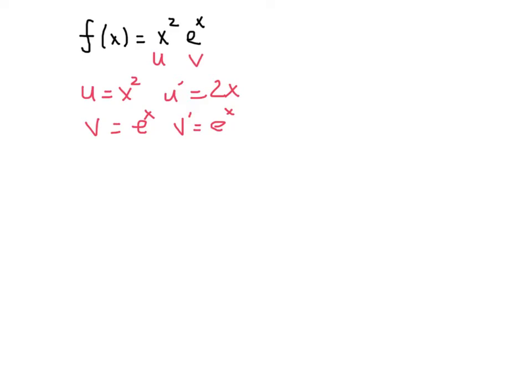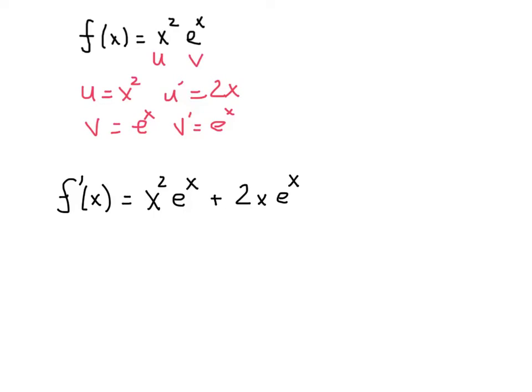Now to find f prime, we use our product rule. We do u times v prime, which is x squared e to the x, plus v, e to the x, times u prime, which is 2x. I'm going to write the 2x out in front here just to make it look a little nicer.